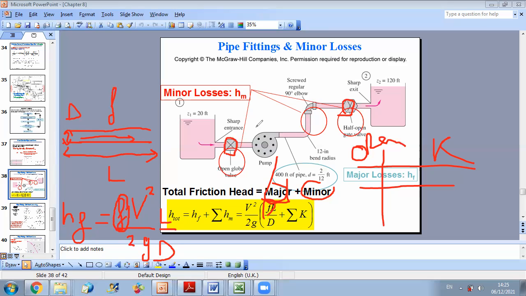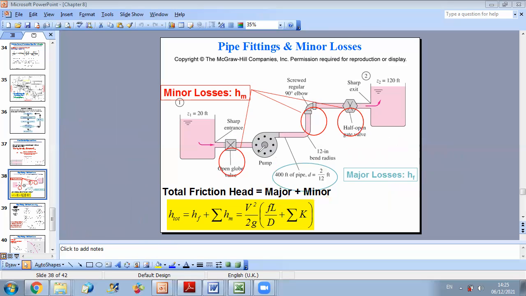Now, what about fittings? Here, for example, we have major losses and we have minor losses. In such a case, if you want to calculate major loss, you should consider each pipe length. Here your pipe length is divided into several parts. It's not one piece, it has several parts. Now, what is nice here, and we are lucky, is that the diameter is not changed.